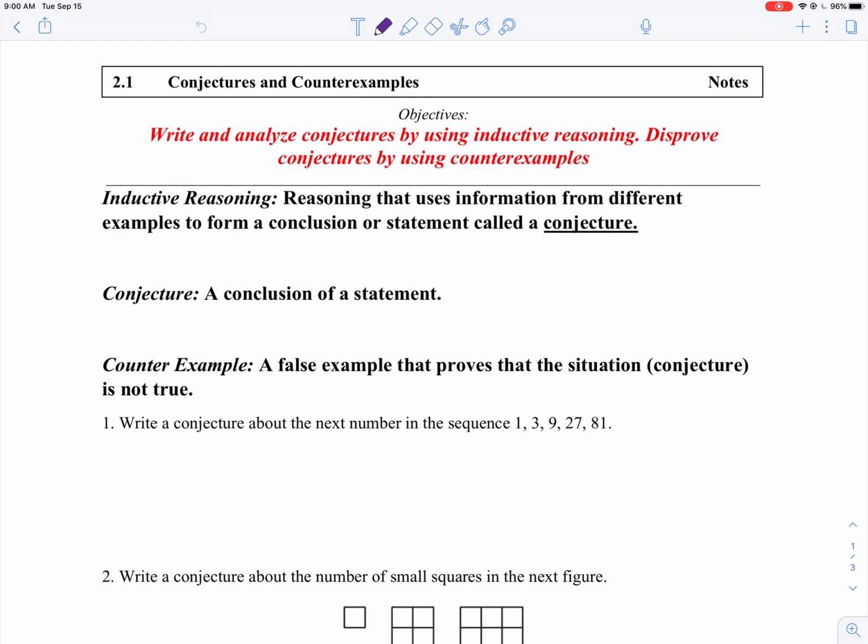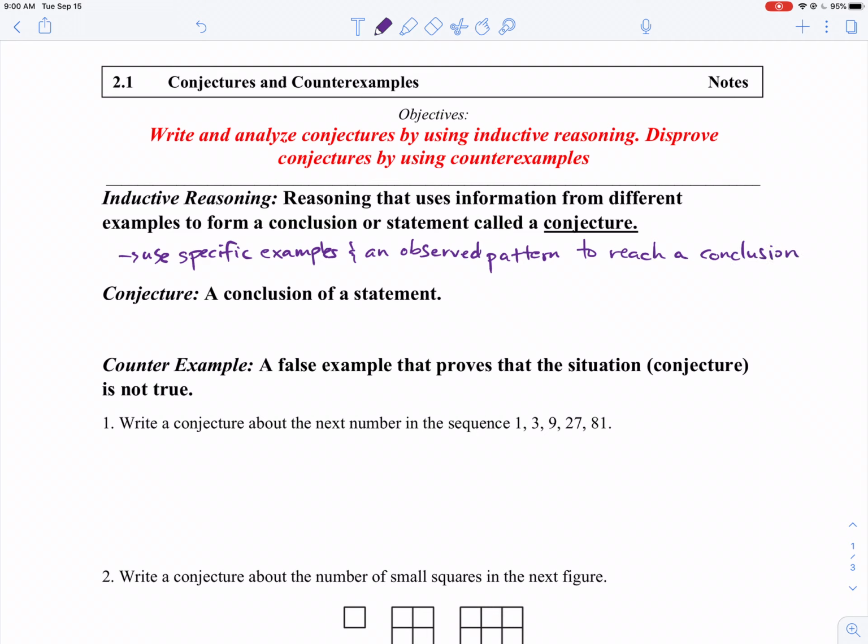The first word we're going to talk about is inductive reasoning. Inductive reasoning is reasoning that uses information from different examples to form a conclusion or a statement called a conjecture. The biggest thing I want you to know is that you use specific examples and an observed pattern to reach a conclusion.